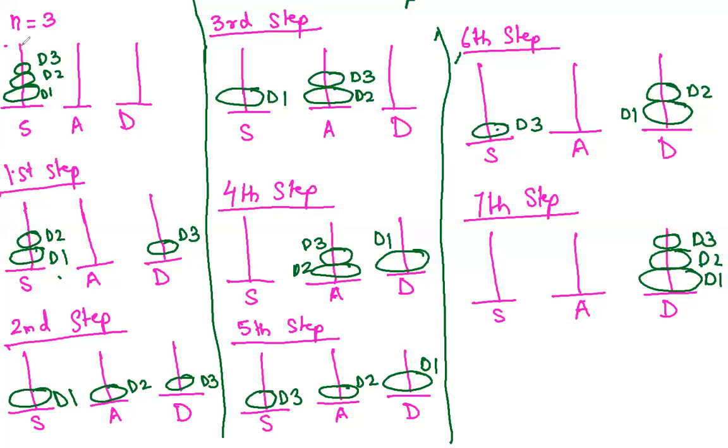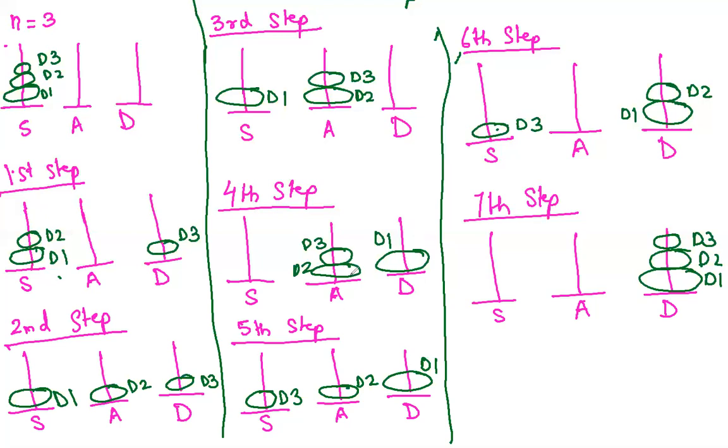So first we have put D3 to D. In the next step, D2 has been put to the auxiliary peg. In the next step, that is the third step, D3 has been put above the D2. So when it is done, you see the destination peg becomes empty. So in the fourth step, we can move D1 to D. Once this is done, our next objective is to put D2 above D1.